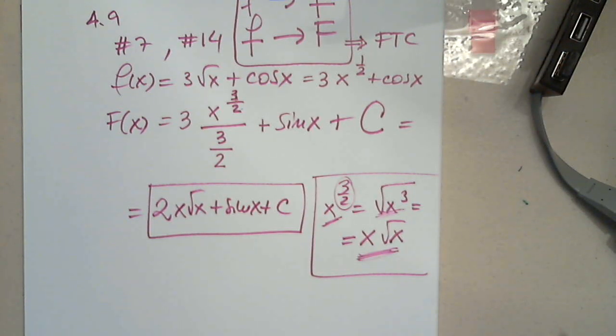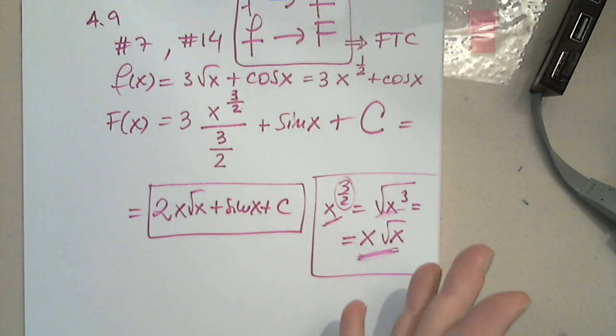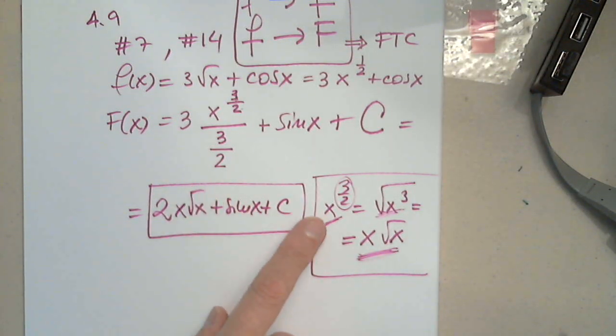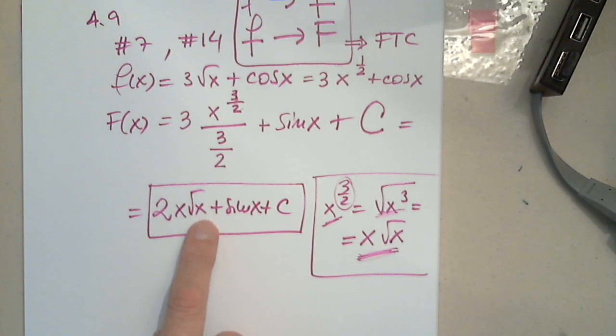What are you entering? I wrote 2x times square root of x plus sine x plus c. It said I was wrong. So did you write 2x the square root of x? Yep. And then plus sine x? Yep. Plus c? Mm-hmm.